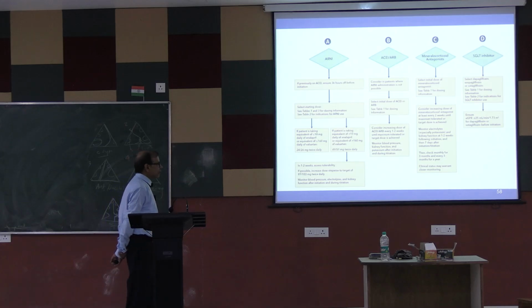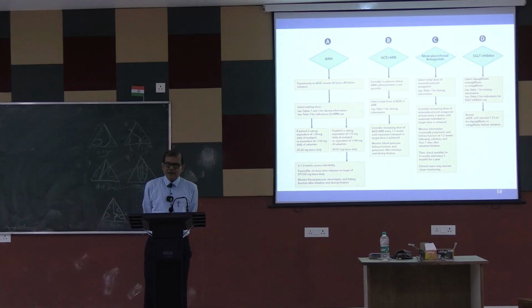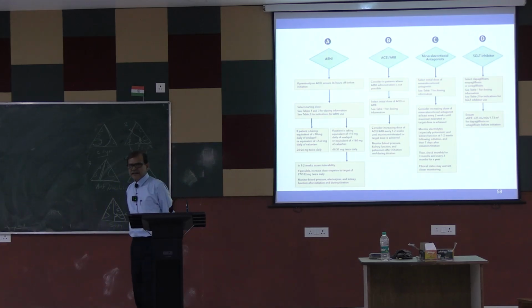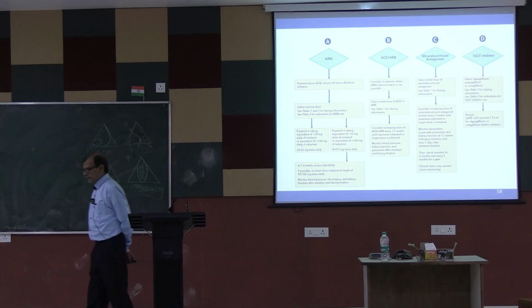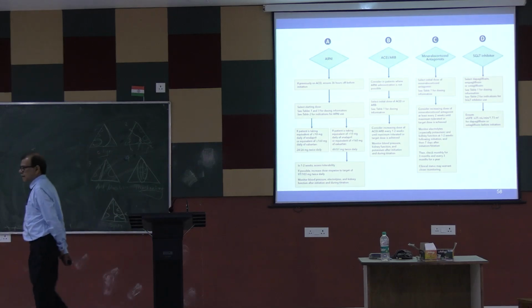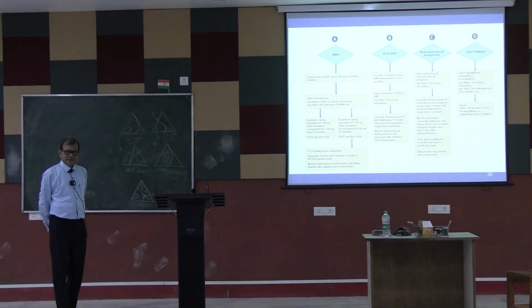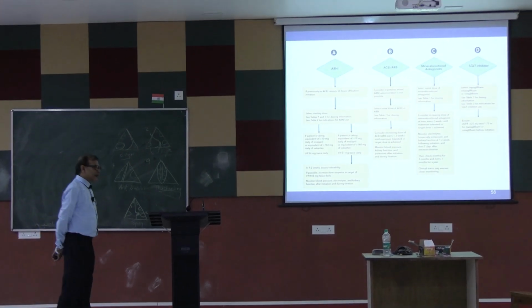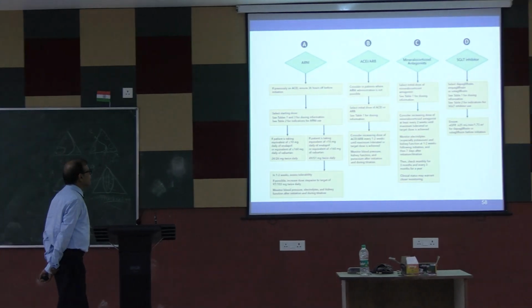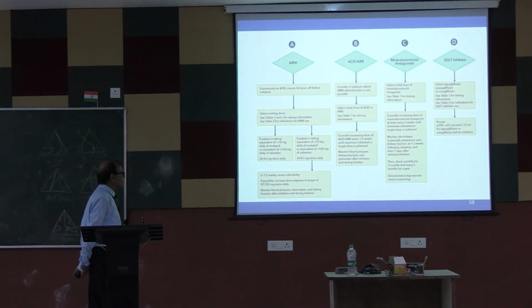Then go for the mineralocorticoid antagonist. Caveat: the renal functional status should be adequate and the serum potassium level should be less than 5 millimole per liter. We can add mineralocorticoid antagonist therapy.